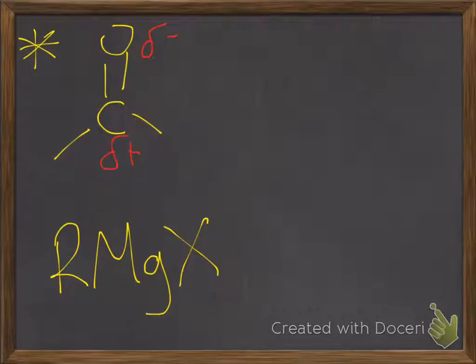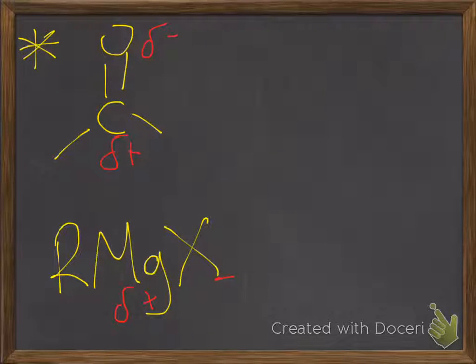Anything else that's going to be delta positive or negative? Is the halogen delta minus? The halogen is going to be negative. Actually, it's usually a fully negative charge, but yes, it's negative, or delta minus. What else is there? Magnesium can be delta positive. Magnesium is delta plus.